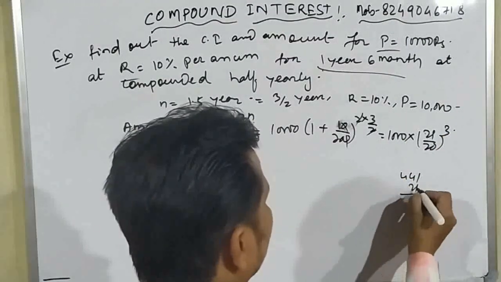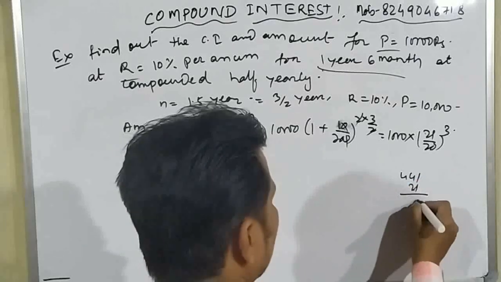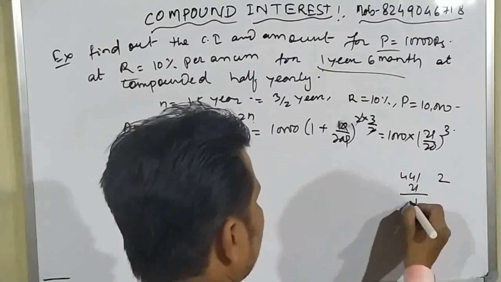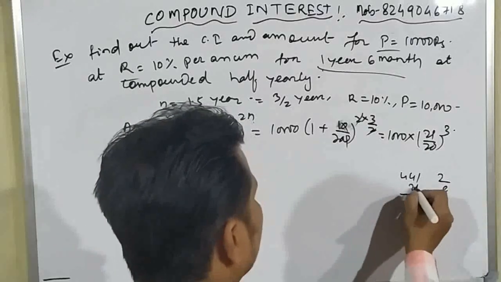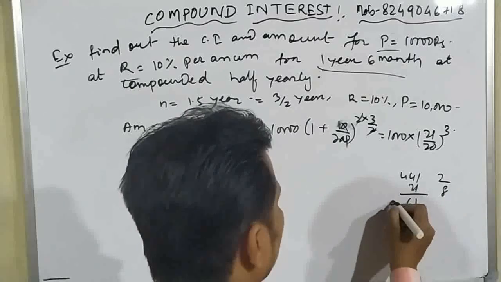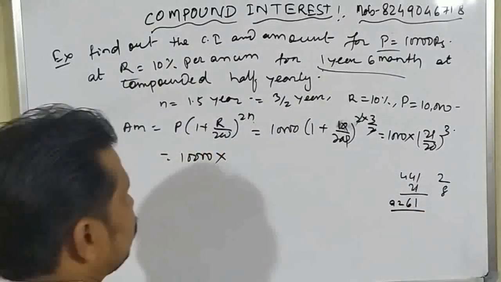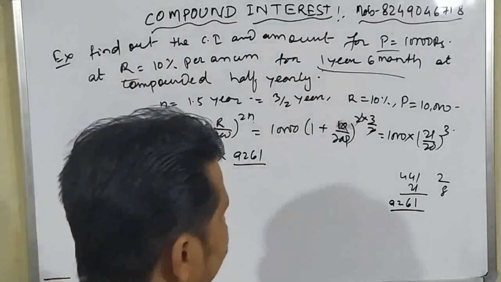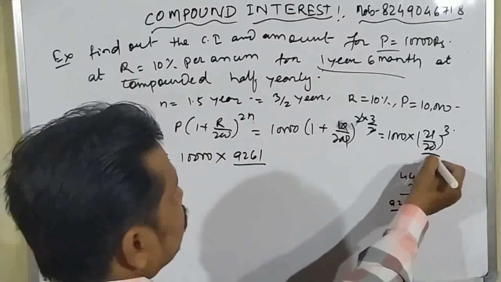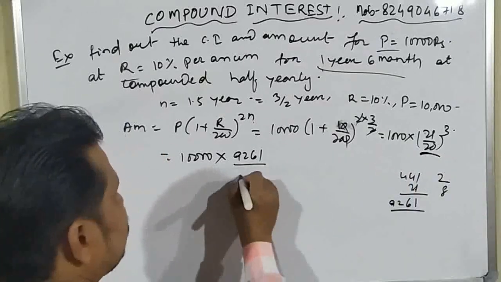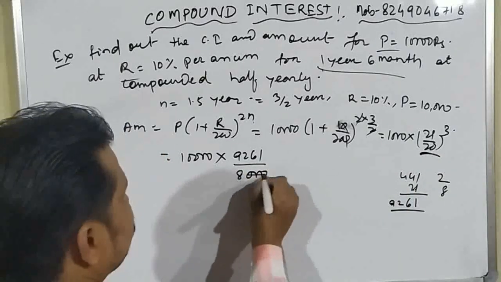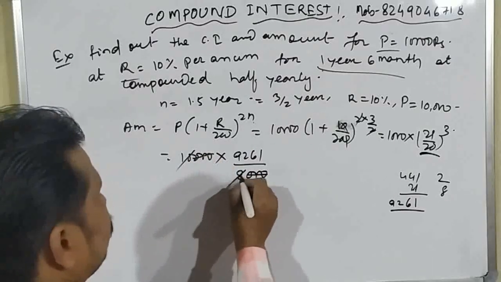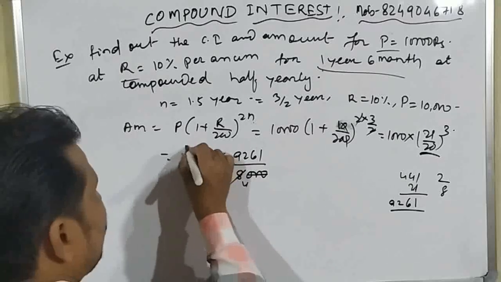Again with 21: 21 ones are 21, 1 carry 2; 21 fours are 84 plus 2 is 86, carry 8; 21 fours are 84 plus 8 is 92. 9261 divided by 20 into 20 into 20, that means 8,000. Okay, cancelling, and again 8 divided by 2 is 4, and this will be 5.